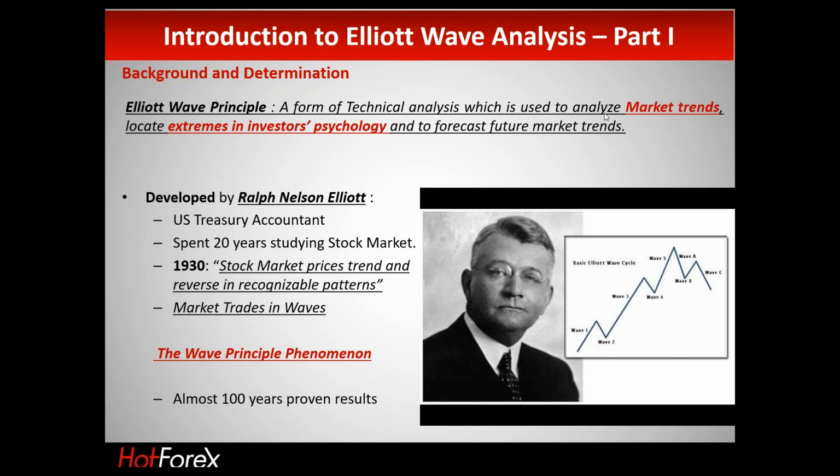Elliott found that the financial market has movement characteristics that can be repeated over and over again. He called these repeatable moves waves. So that's why he created the Elliott Wave principle.